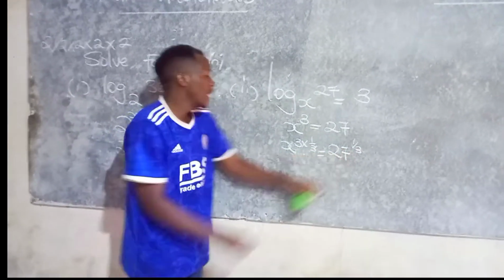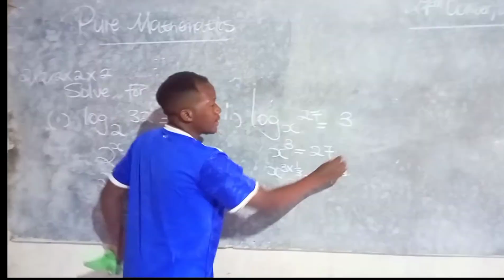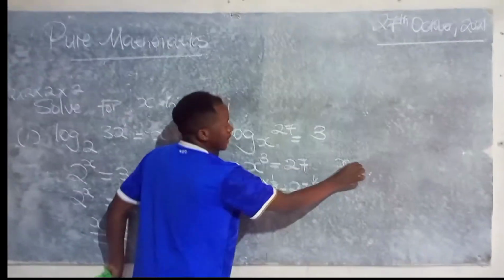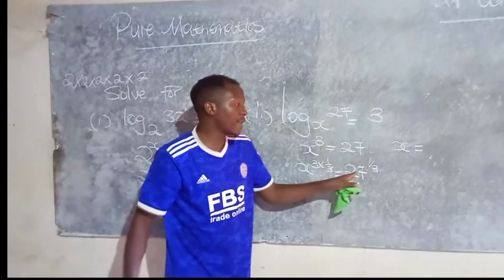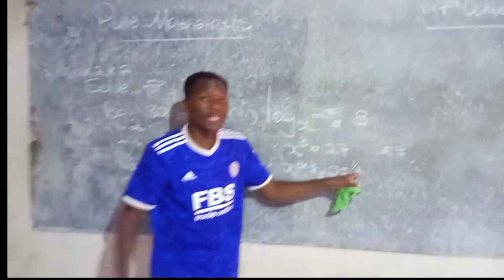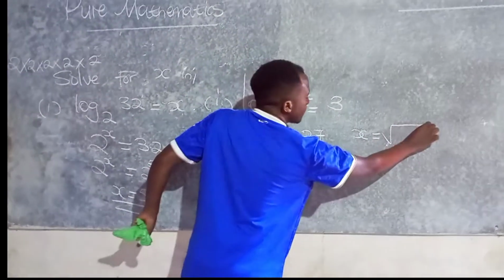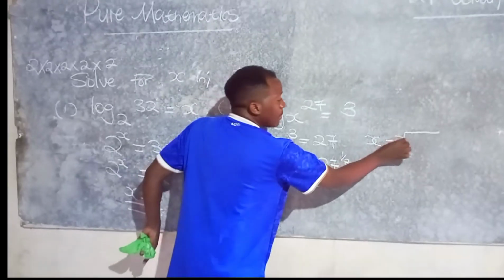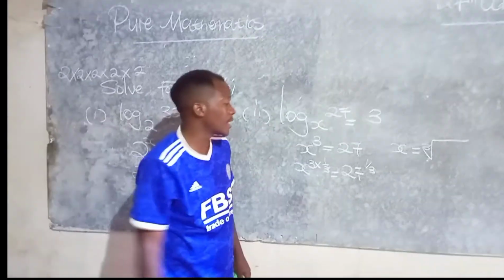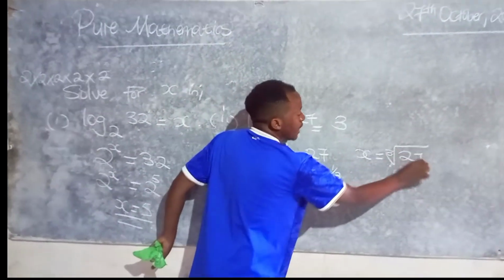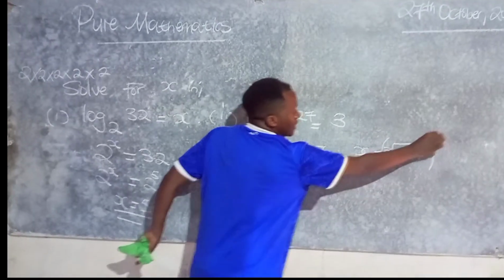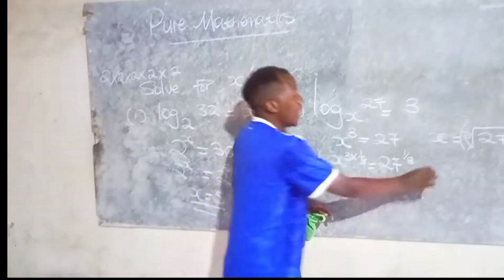So x equals 27 raised to the power 1 over 3. When we say 27 raised to a fractional power, we introduce a root. Then this denominator becomes the root, and this base comes inside there, with a 1 in the brackets.